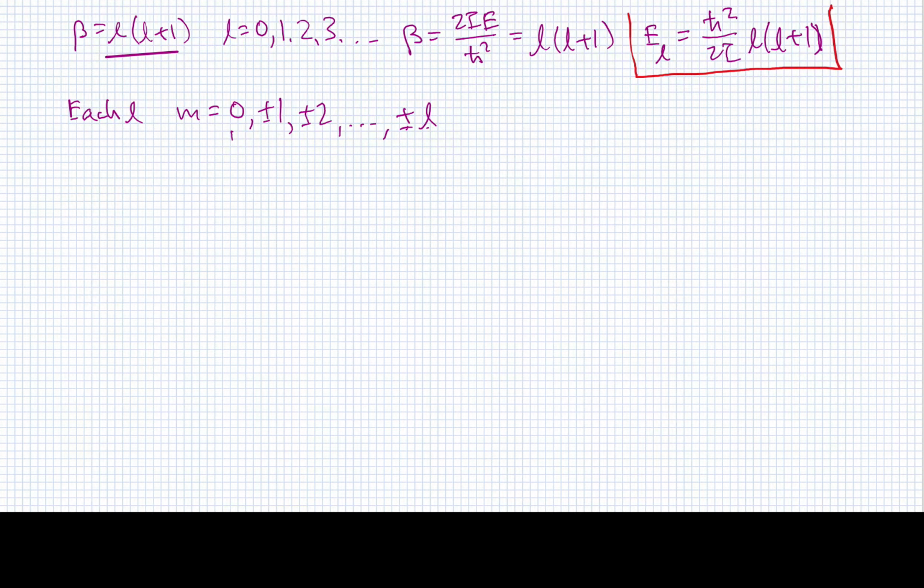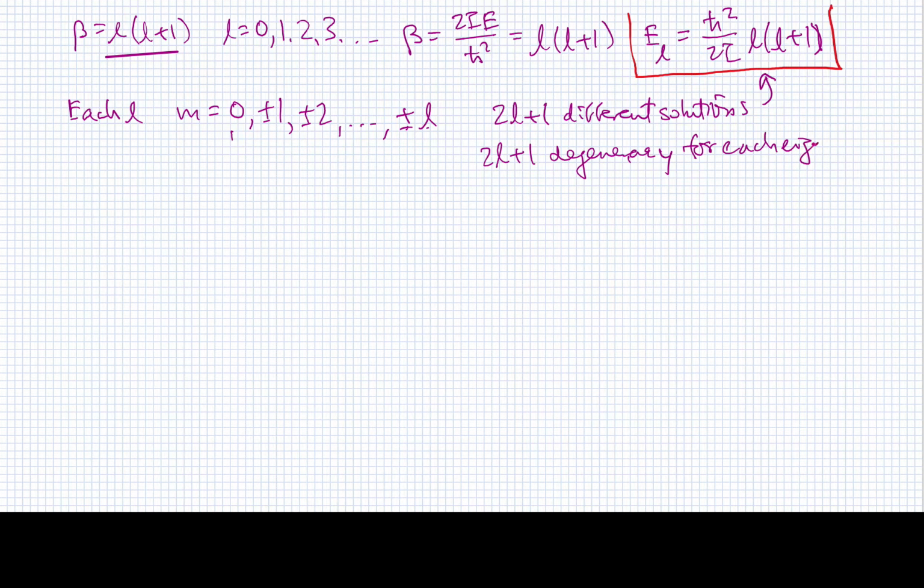So in other words, I have a total of 2L plus 1 different solutions that correspond to this same eigenvalue right here. So that means I have a 2L plus 1 degeneracy for each of my eigenvalues for this rigid rotor model. Okay, this is something new. We saw some degeneracy in the three-dimensional particle in a box, but this is something new that we've seen for these other kinds of systems that we've been looking at.